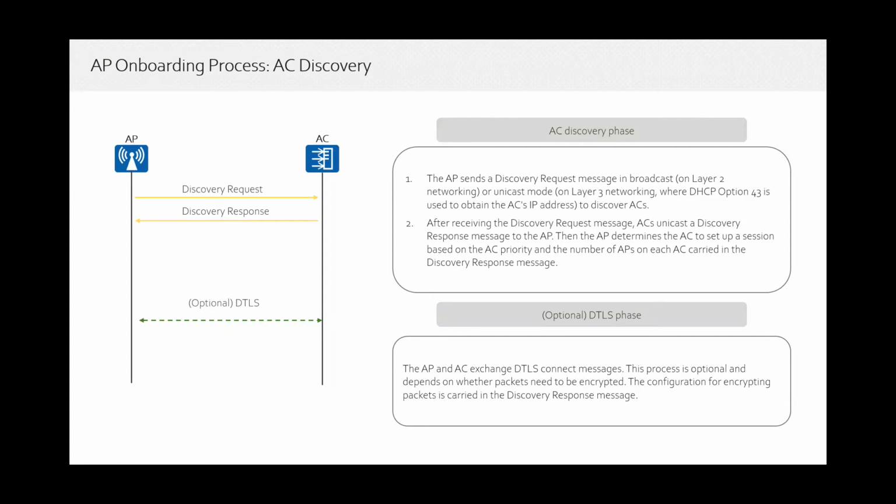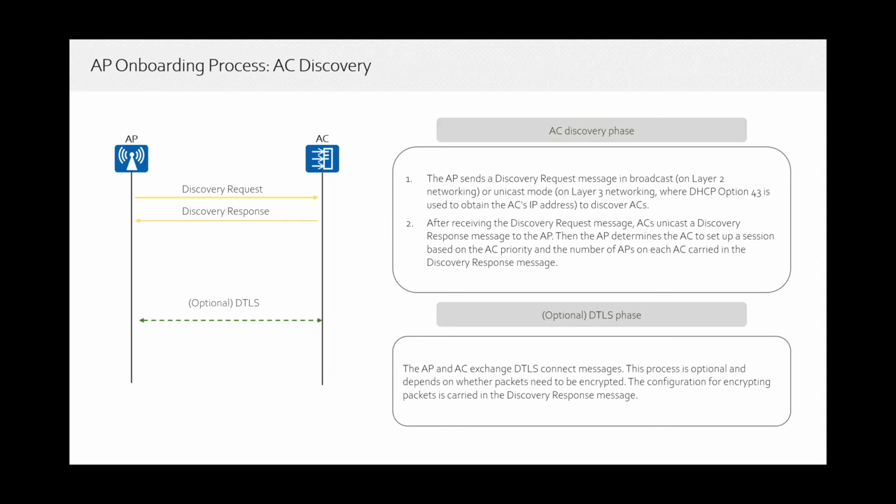However, if the AP and AC are connected across a layer 3 network, the AP cannot discover the AC in broadcast mode because they belong to different broadcast domains. So now, it's option 43 we just mentioned that comes into play. An AP can discover an AC based on the AC's IP address carried in the option 43 field.